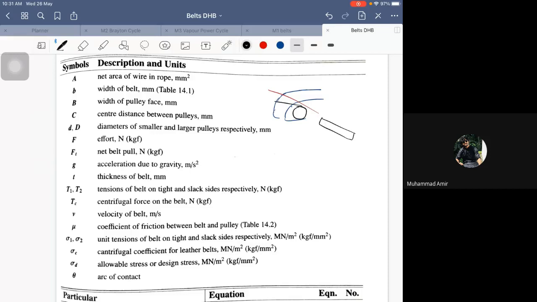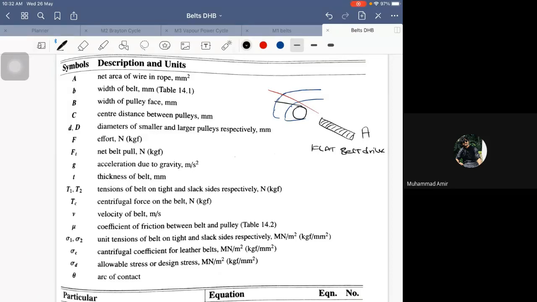This particular cross section is of the flat belt drive, and whatever the area is, that is indicated as capital A. Is that clear?